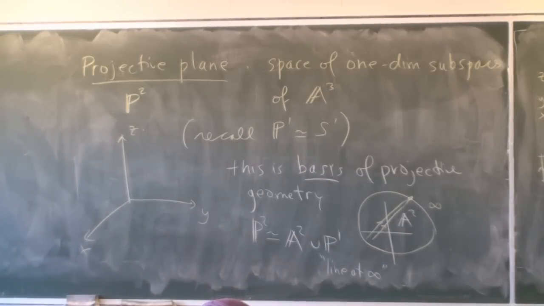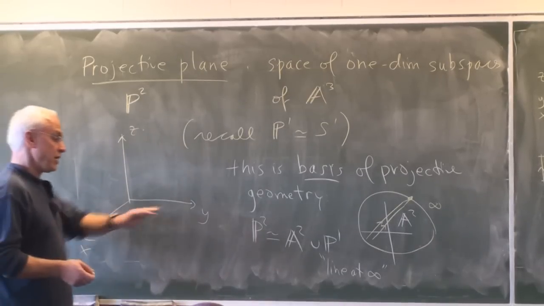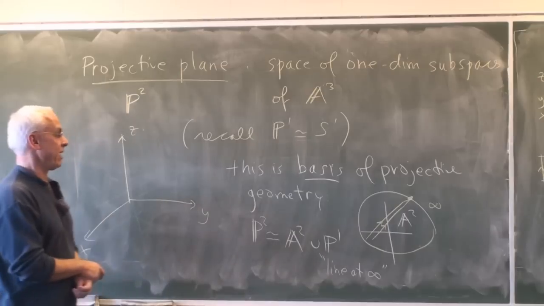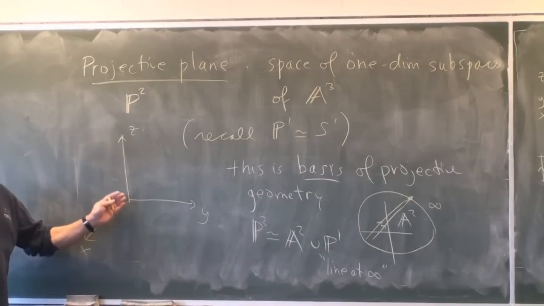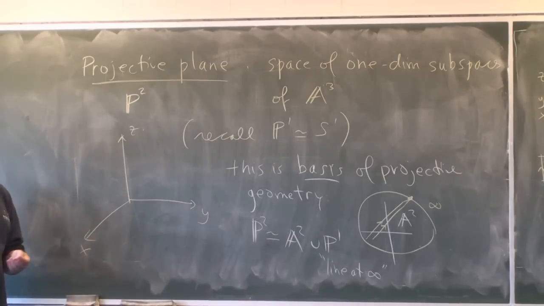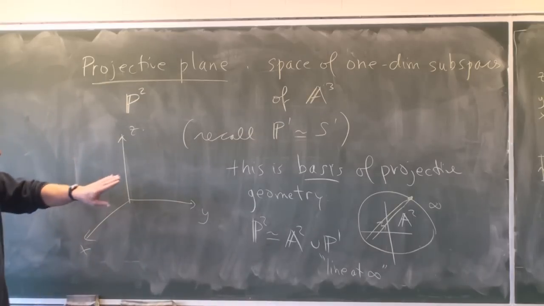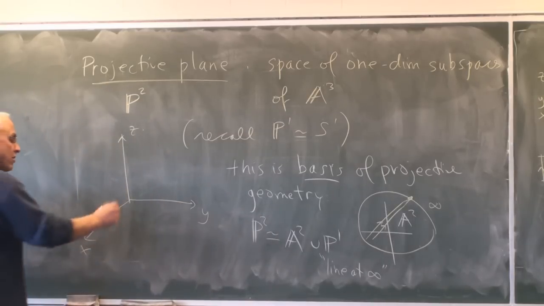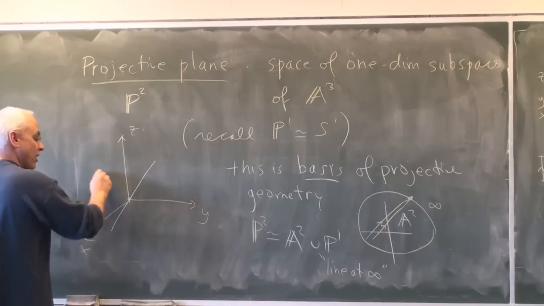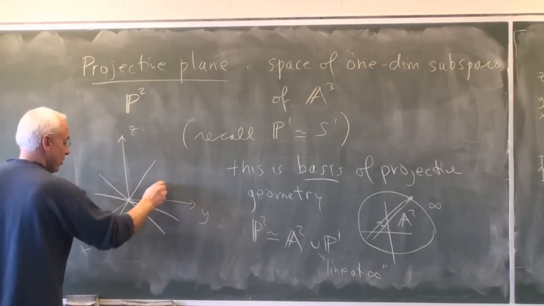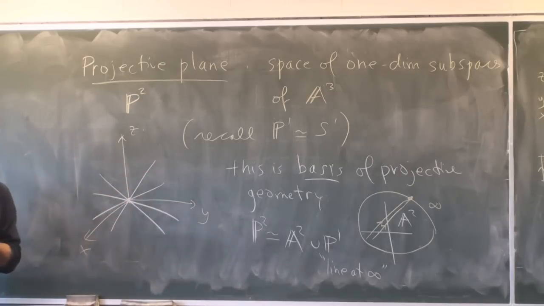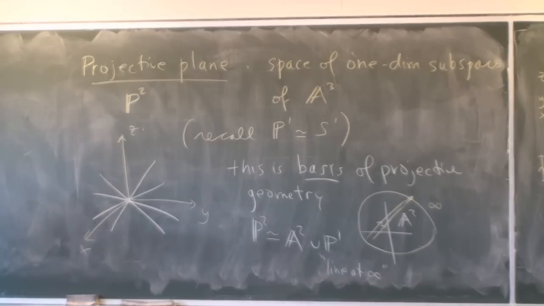And then in the 19th century, there was a dramatic revolution about the thinking, and it was realized that there was an alternate description of this projective plane purely in terms of one-dimensional subspaces of three-dimensional space. A very important, profound realization. That the same object is occurring when we look at all lines through the origin in three-dimensional space. And why is it the same? It's not hard to see it's the same.